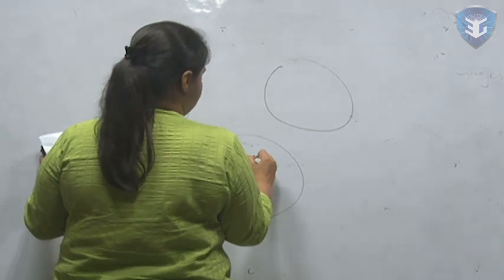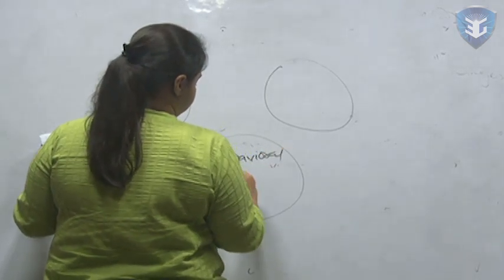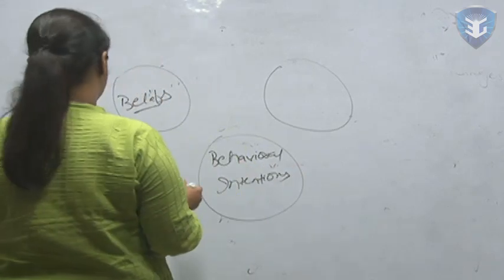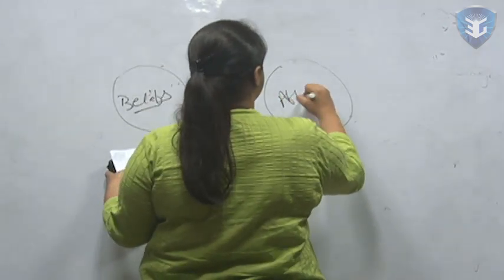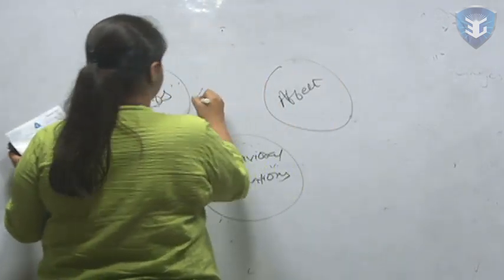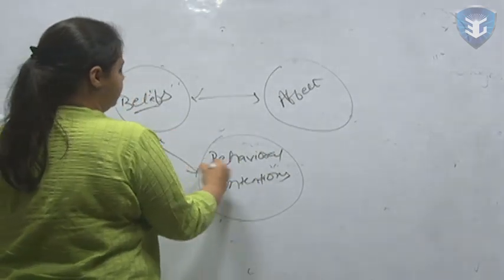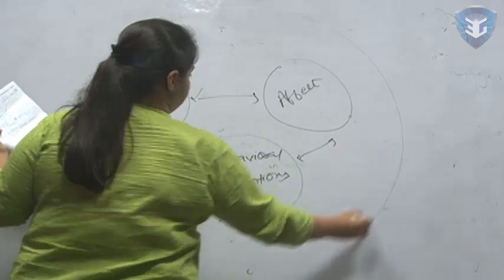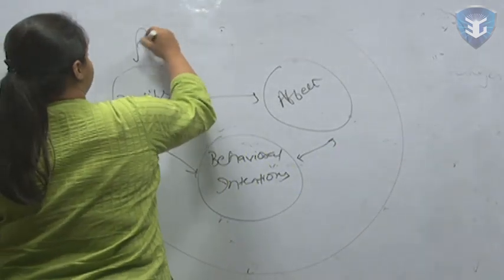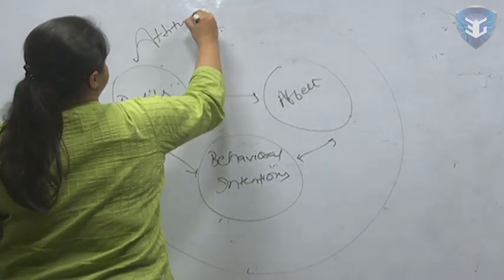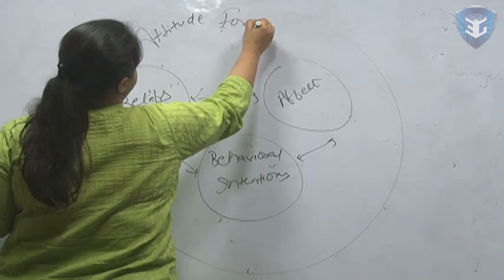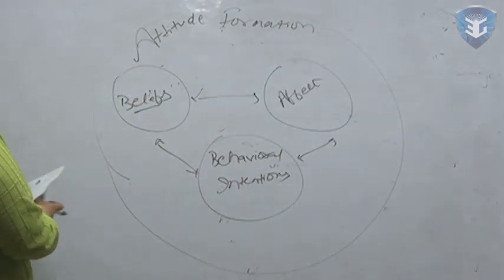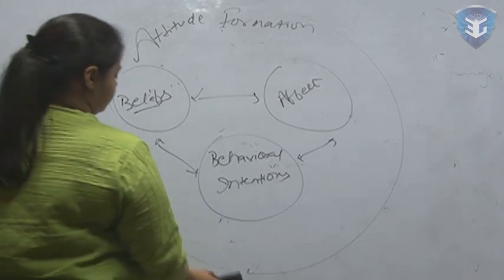Secondly, behavioral intentions, which again are highlighted in the attitude. And lastly, maybe the effect of something. So, these are interrelated and they play a major role in attitude formation. So, this is how someone's attitude is formed and can be understood.